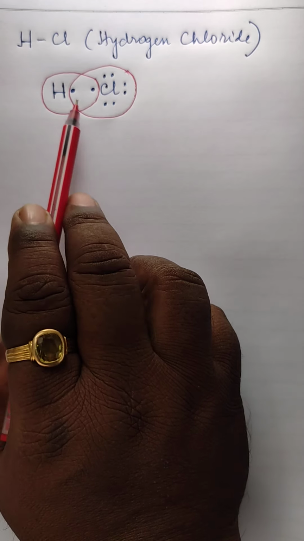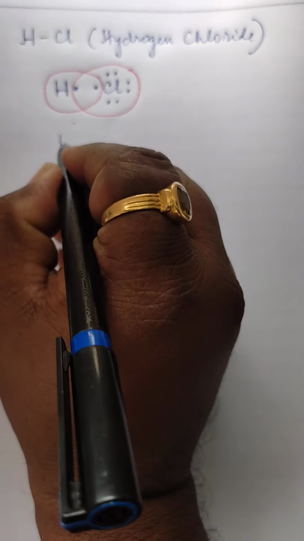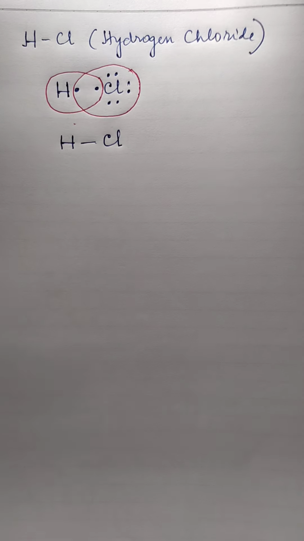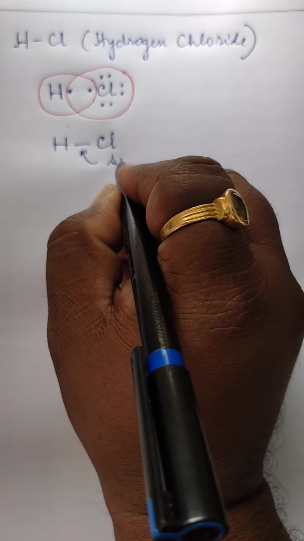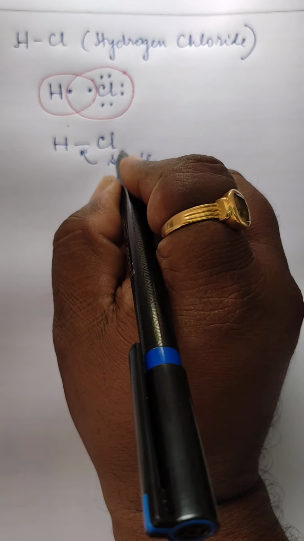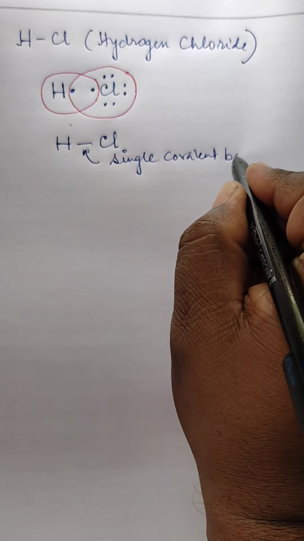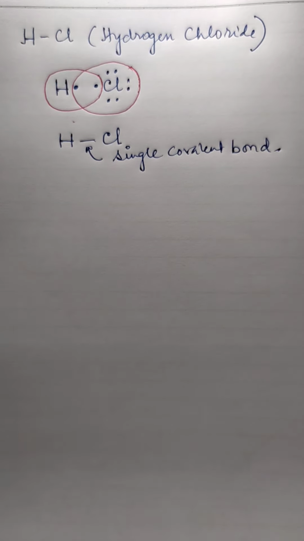I could write the structure of hydrogen chloride as H single bond Cl. The bond is a single covalent bond. That is the structure of hydrogen chloride.